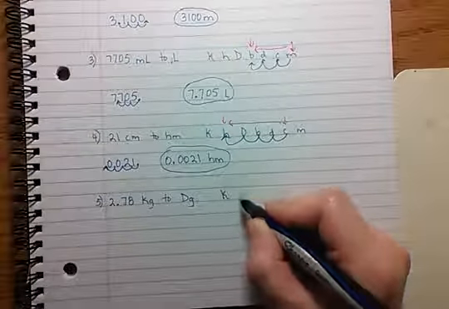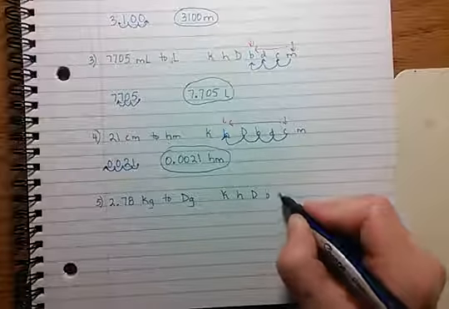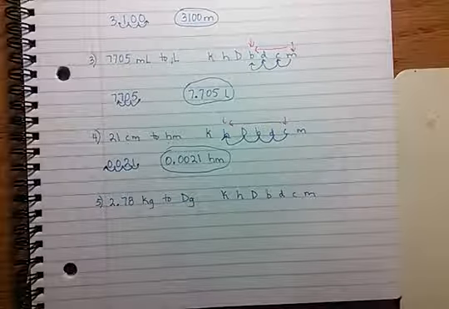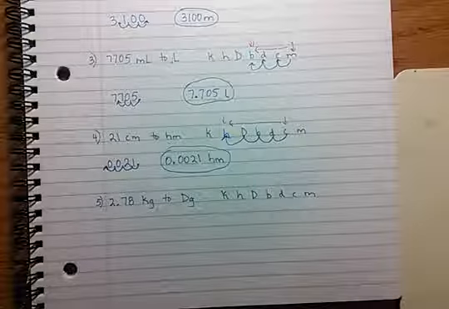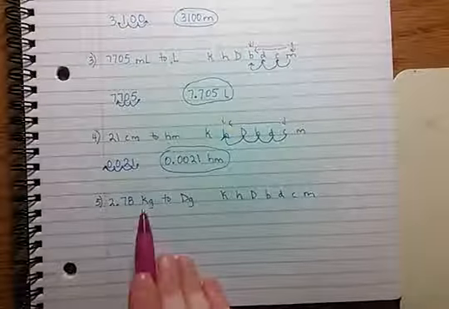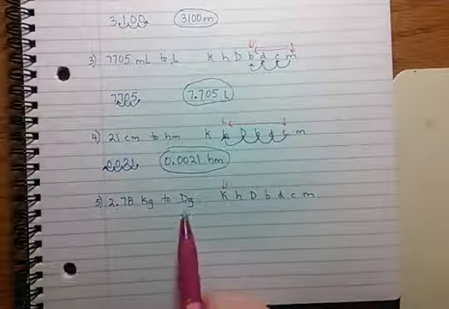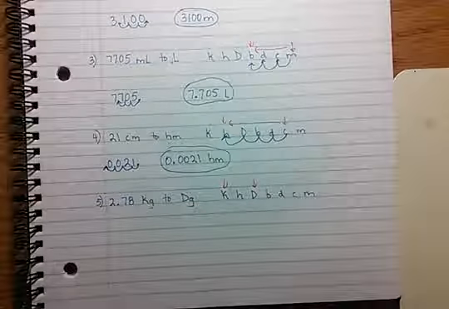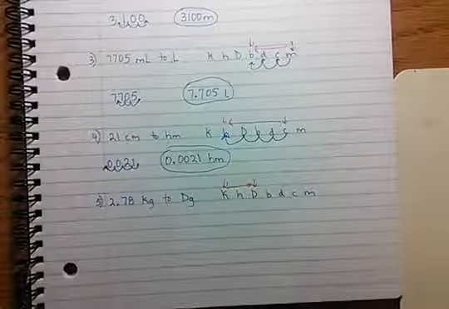Let's write out our letters. Where are we starting here? Well, we're starting at K, and we're going to capital D. Make sure you are distinguishing between your lowercase and capital D's. So we're going that way.